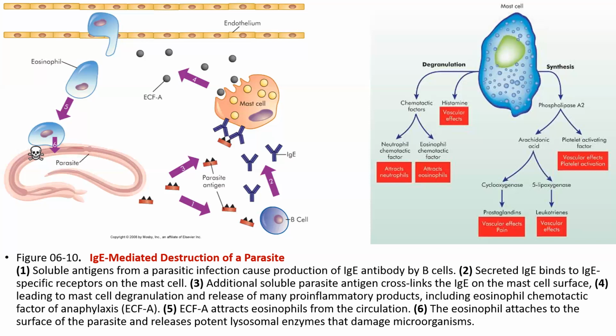These IgE antibodies are going to attach to the mast cells, which will be activated, and that activation of the mast cells is going to release these chemical mediators, including the ECF and the NCF.